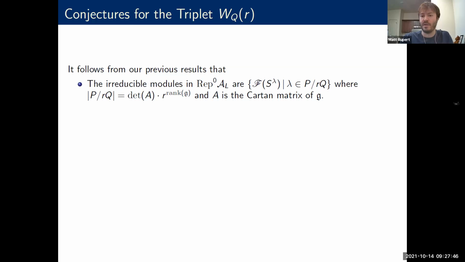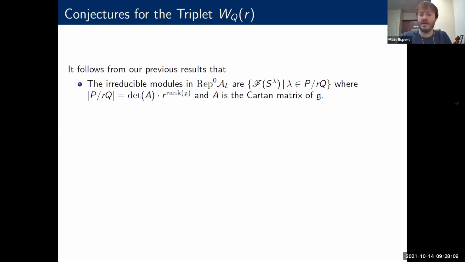Okay, so we fixed our algebra object and we know how to determine its structure. So now we just apply our previous results to this example. If you do this, you find that the irreducibles are going to be the induction of simple objects indexed by the quotient of the weight lattice by r times the root lattice.